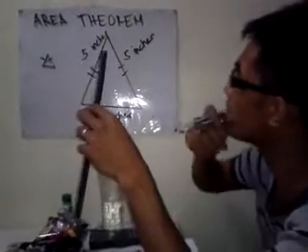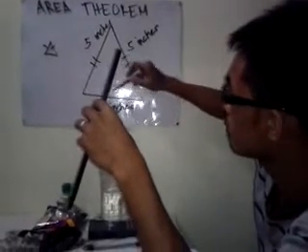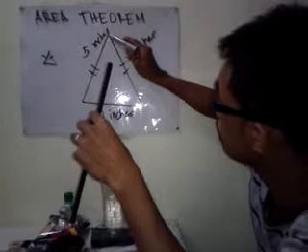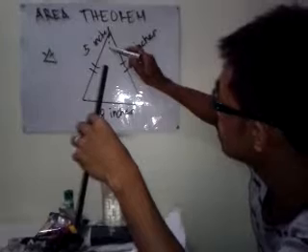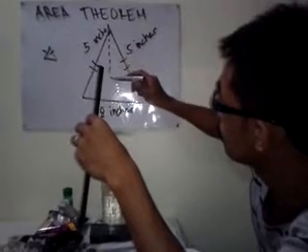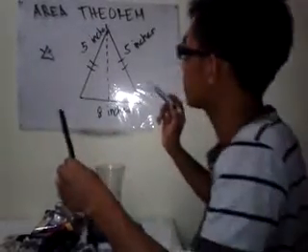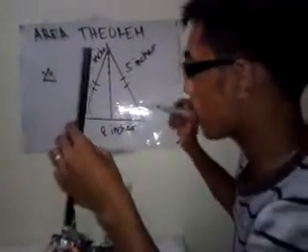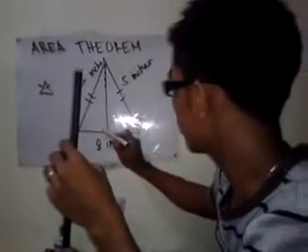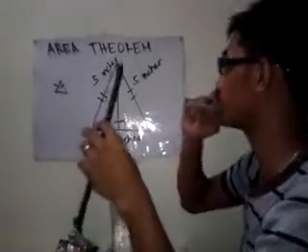In order to get the height, I'm going to bisect this base by putting a line from the topmost point of the triangle down. It already creates a perpendicular line. Since we have a perpendicular line, it is automatically 90 degrees.